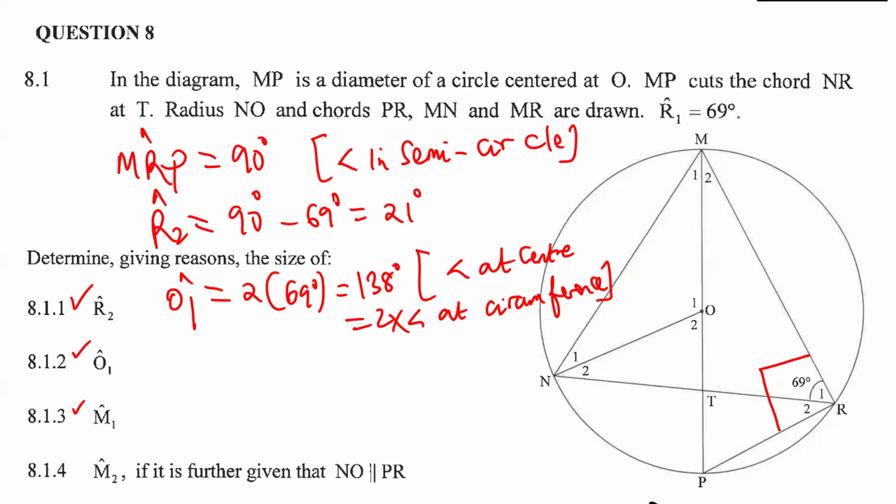And the value of O2 was 21. No, sorry, 42. And O2 is an exterior angle of triangle MNO. I agree with you.